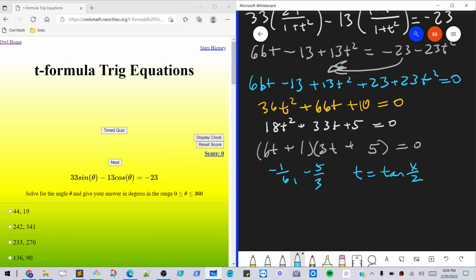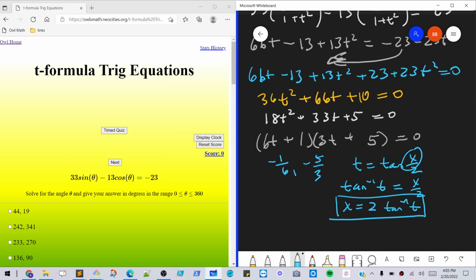We don't want t, we want x. So we can rearrange this: tan inverse of t equals x over 2, and therefore x equals 2 times tan inverse t. Okay, that's going to be the formula we're working with.